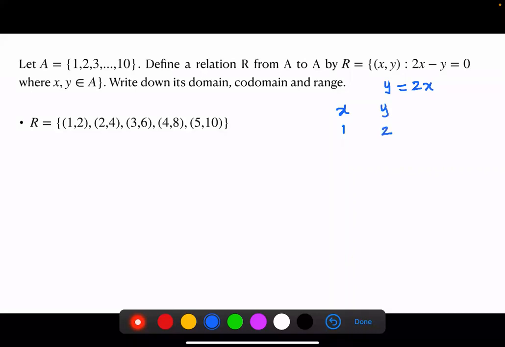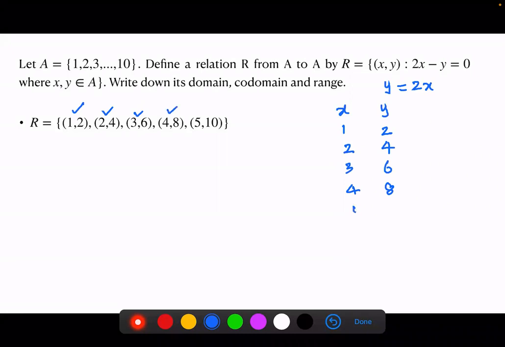So that is why you have that element in the set. If x is 2, your y will become 4. If x is 3, y becomes 6. X is 4, y becomes 8. If x is 5, y is 10. If x is 6, y will become 12.